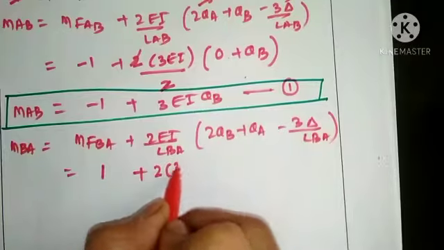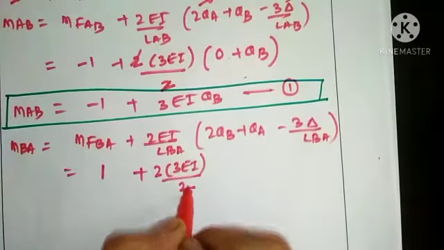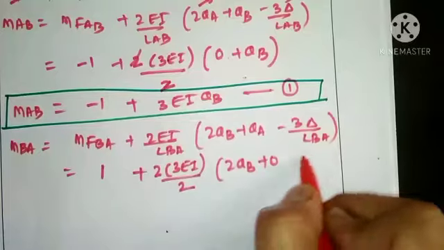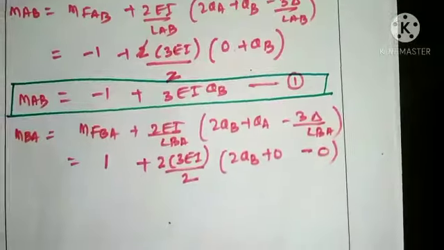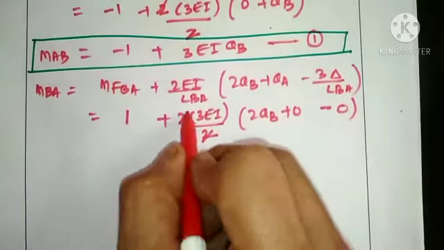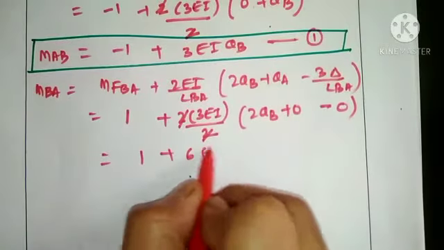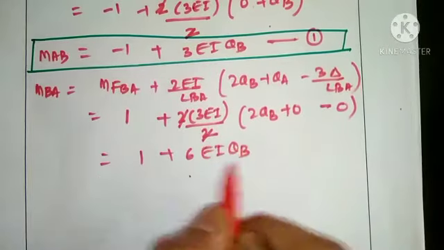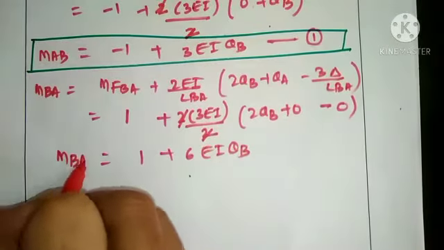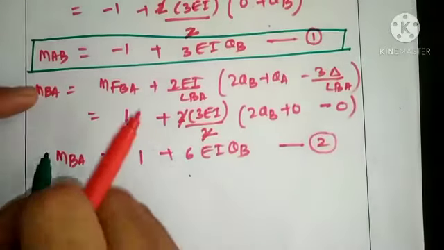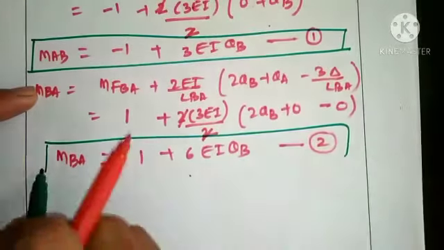Then 2 into 3EI divided by 2, 2 theta B kept as it is. Theta A value is 0 and delta will be 0. So the 2 gets cancelled. 1 plus 2 into 3 will become 6EI theta B, which is MBA. So this is equation number 2, which is step number 2 for MBA.